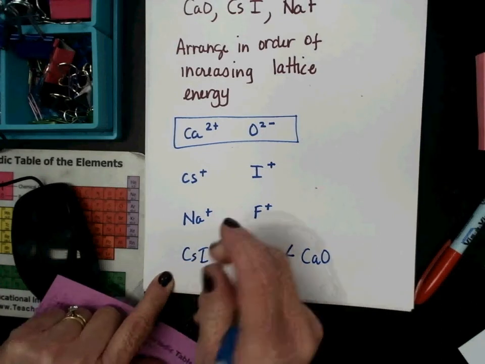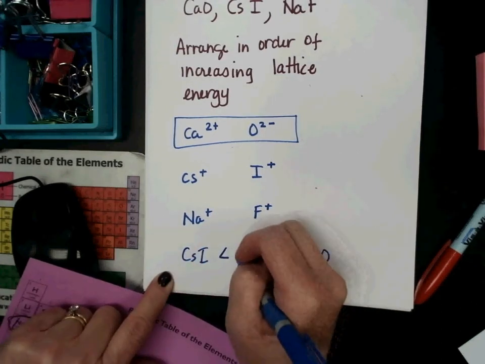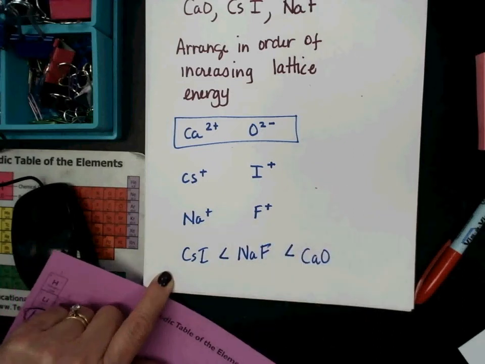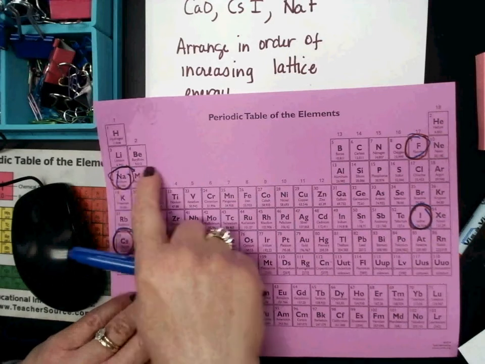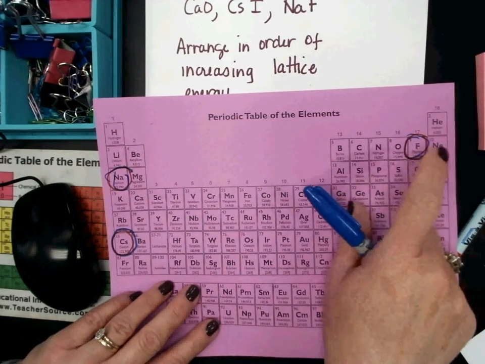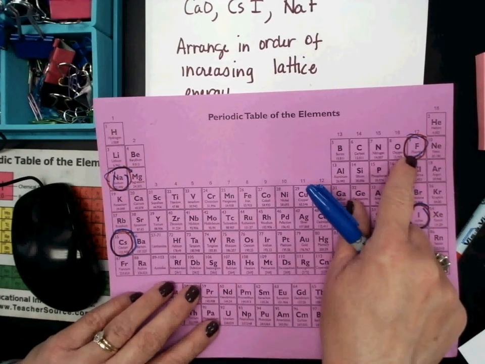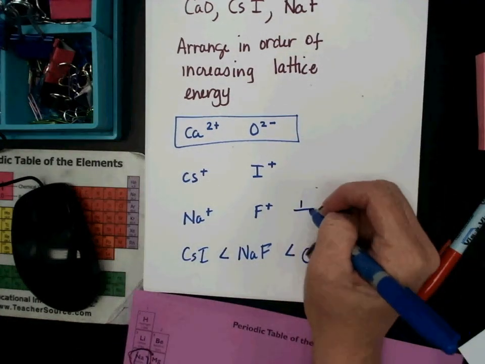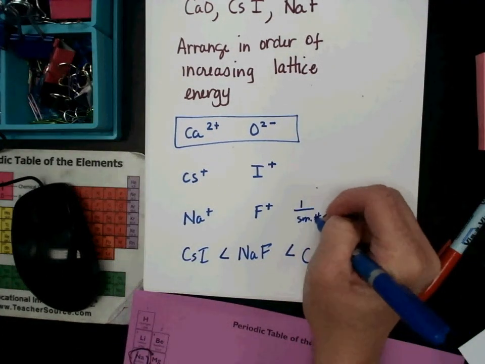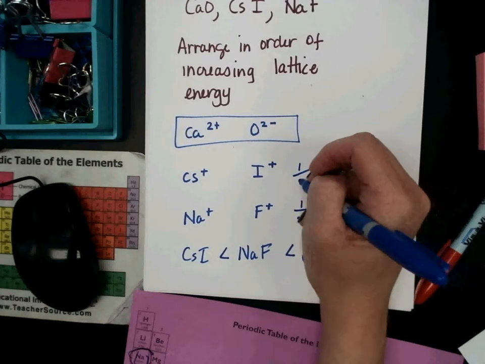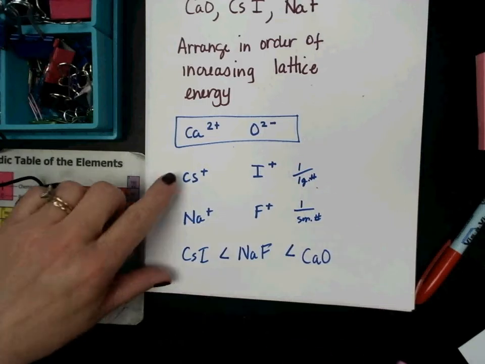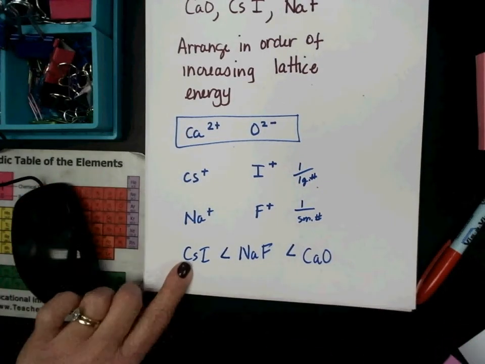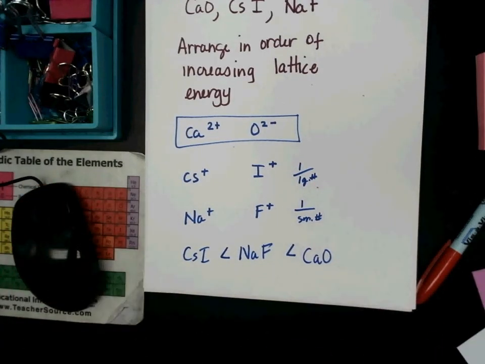So I know that my CsI is actually going to be smaller than my sodium fluoride because sodium fluoride is above it on the periodic table. So it has a smaller atomic or ionic radius, so I would be dividing by a smaller number. So this is like 1 divided by a small number versus 1 divided by a large number, which would tell me then that this, because it's divided by a larger number, would be the smallest of the 3.